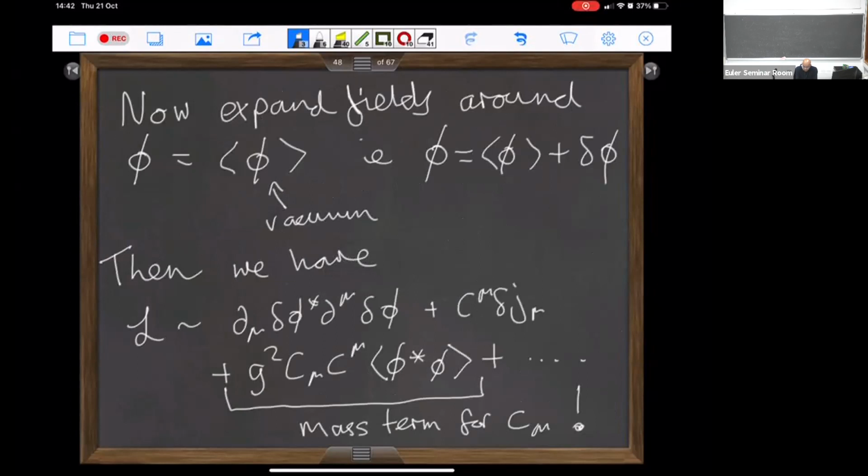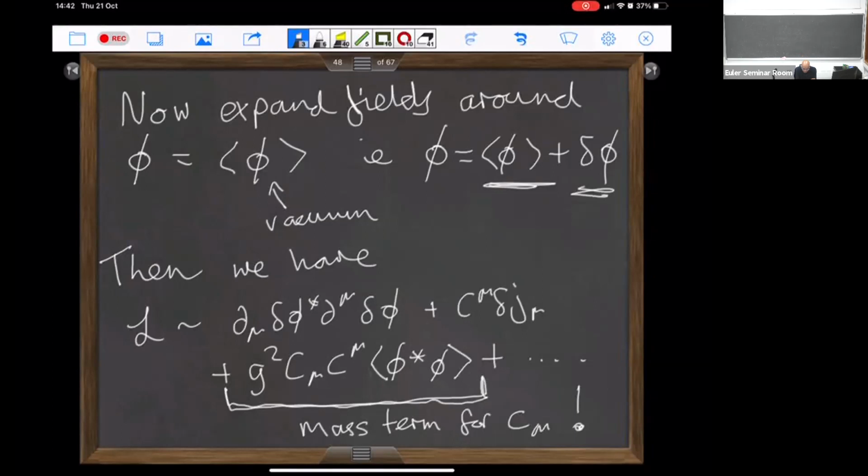What we want to do is start with our vacuum expectation value of the field and have a look at fluctuations of the field around that vacuum. The first thing that happens is that that quartic term, its leading piece, becomes a mass term for the gauge field, because the leading piece is phi star phi vacuum expectation value, which is just a number, and in natural units has mass dimension 2.